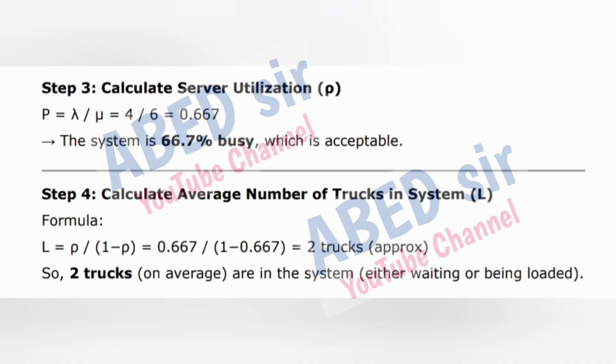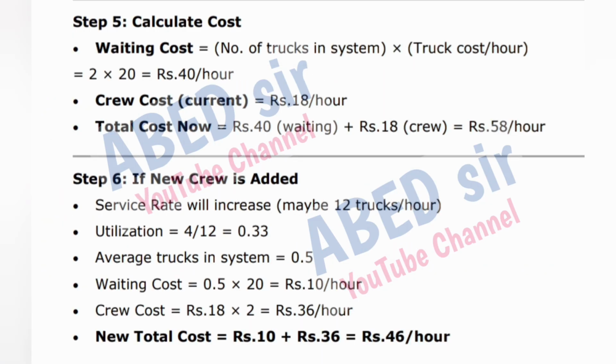Step 4. Calculate average number of trucks in system, L. Formula: L is equal to rho/(1 − rho) is equal to 0.667/(1 − 0.667) is equal to 2 trucks, approx. So, 2 trucks, on average, are in the system, either waiting or being loaded. Step 5.